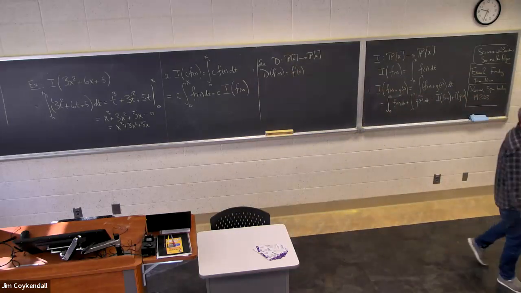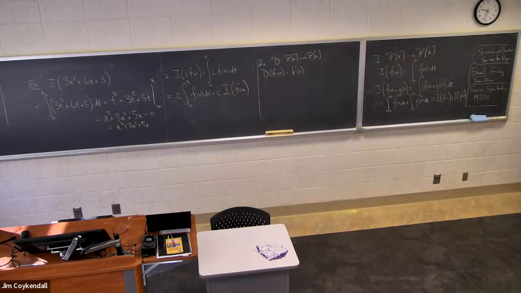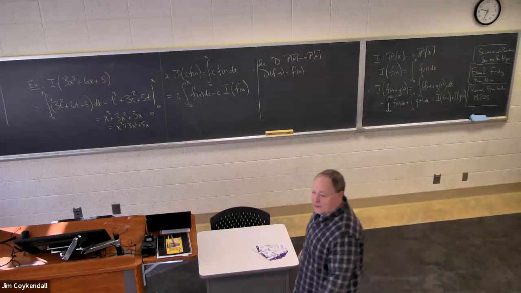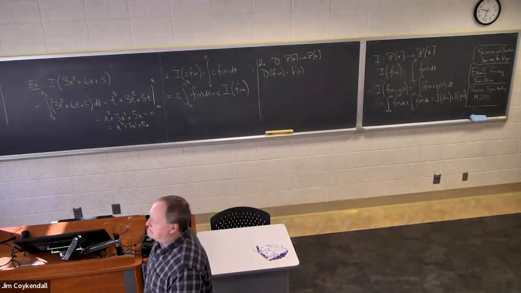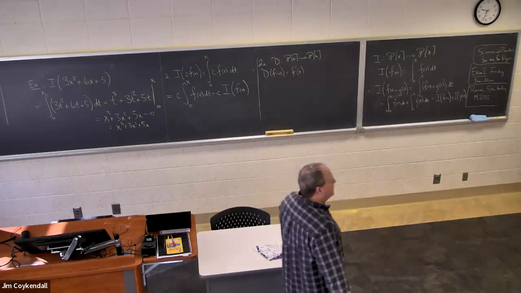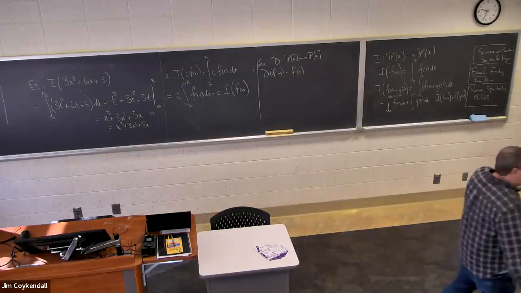What do you think? Is it 1-to-1? Is it onto? Is it both? Is it neither? It's onto, but not 1-to-1. Yeah, I think that's right. It's probably easiest to see why it's not 1-to-1.